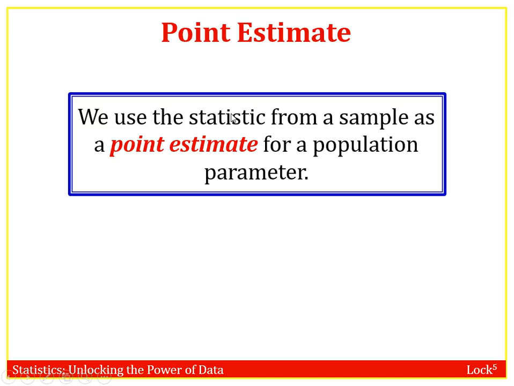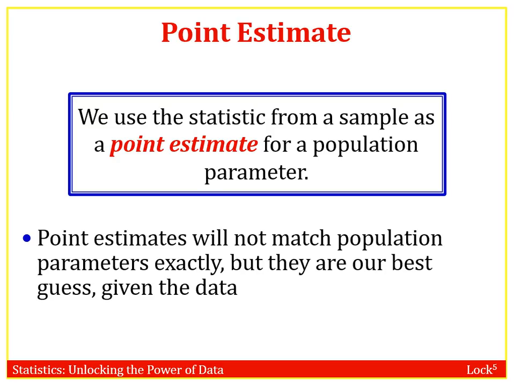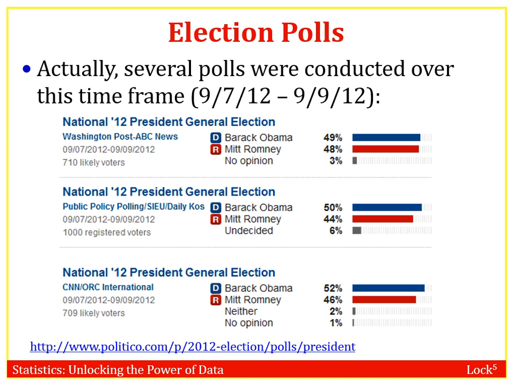What we are collecting from our sample is a statistic, and we're using that to estimate what's going on with our population. Point estimates typically do not match your population parameter exactly. It's our best guess, and normally they're relatively close.